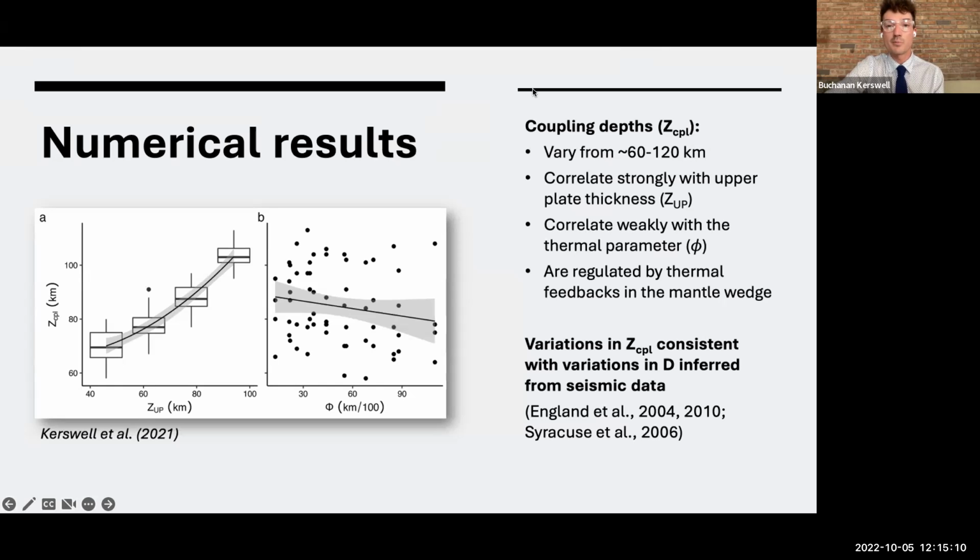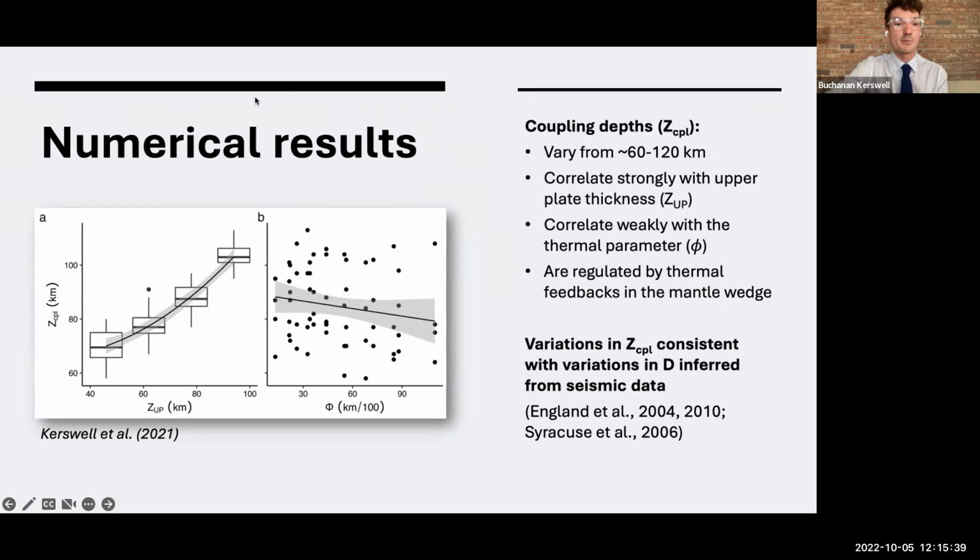And with respect to the thermal parameter, we find exactly what England et al. in 2004 and 2010, and what Syracuse and others have found in previous work: irrespective of the thermal parameter, the coupling depths range all over the place, just like D values, and they're not correlated really at all with the thermal parameter.